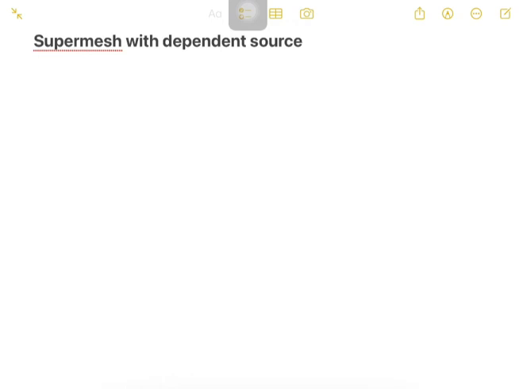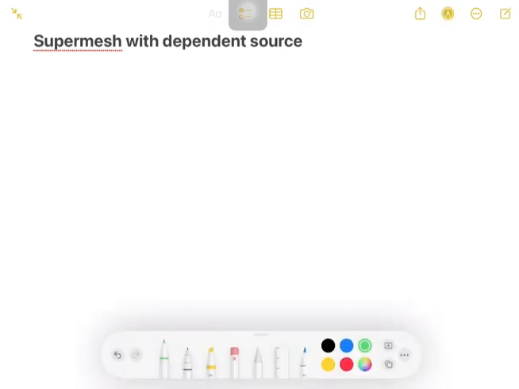Let us see this. Let us take a simple problem. I have a current source of 15 amps.